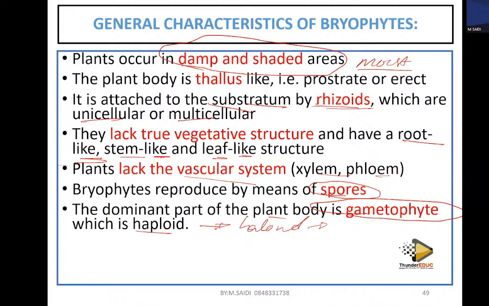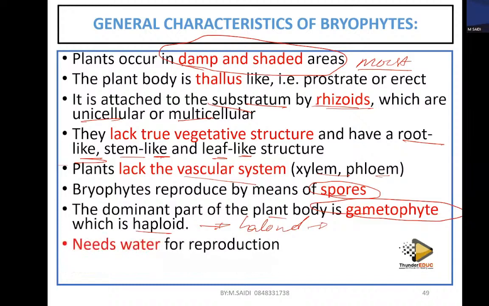Most of our gametes are always in the testes and the ovaries. But in this plant, the gametophyte is the dominant generation. It usually exists as a gamete rather than a sporophyte. It also has a sporophyte phase, but the gametophyte is dominant.